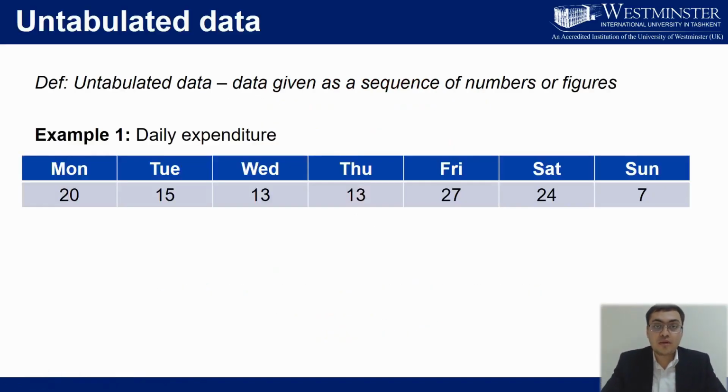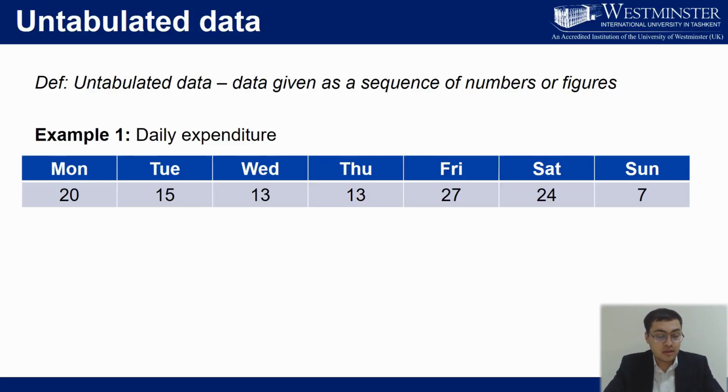So let's get started with our first example, which is untabulated data, which basically means that the data is given in its raw form as just a sequence of numbers or figures that were collected. Right in front of you, you have the daily expenditures of a student within a week. On Monday, they spent 20 units of some currency that is irrelevant.